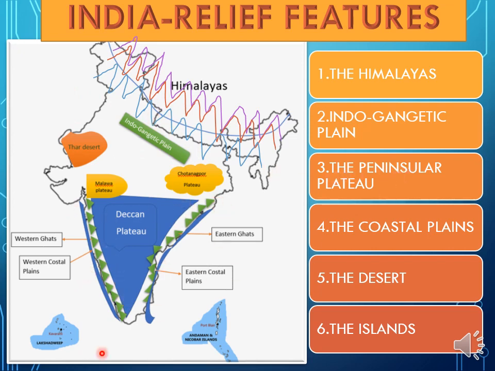The peninsula has three sides covered by ocean and sea. This is the western coastal plain, and this is the eastern coastal plain. Desert, only one desert, that is in Rajasthan state. Then islands, there are two groups: in the Arabian Sea, the Lakshadweep Islands, and on the eastern side, the Andaman and Nicobar Islands.